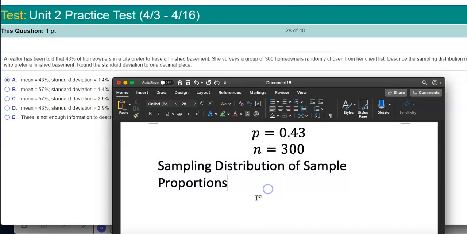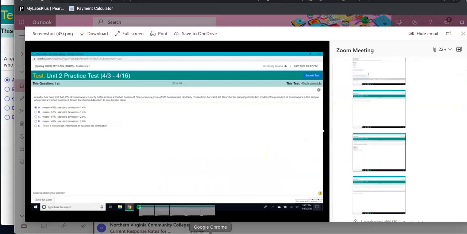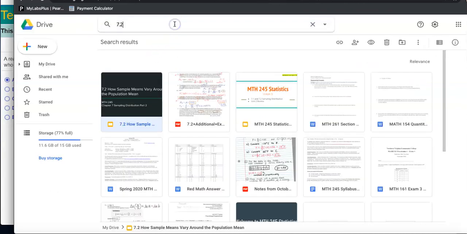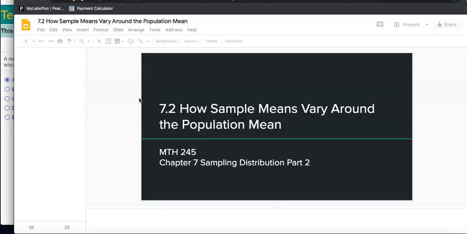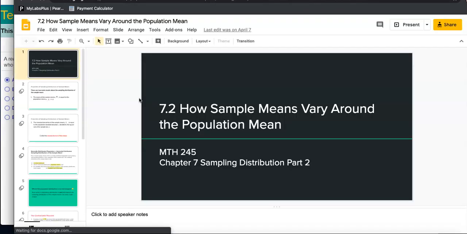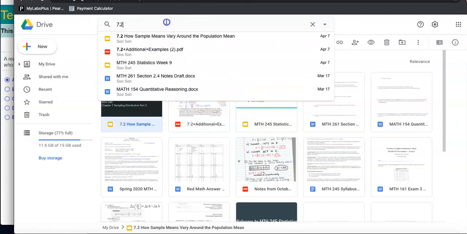So I happen to memorize these. It was 7.2. I looked that up before too. 7.2. This is. It was no. I'm sorry. 7.2 is population mean, sampling distribution of population mean. 7.1.